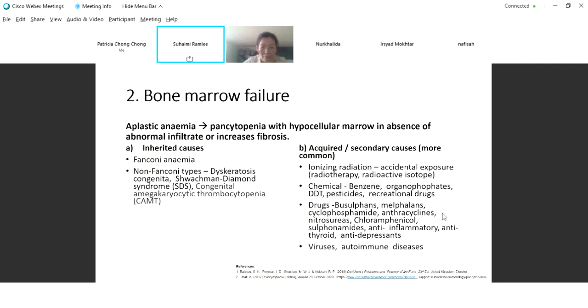Other causes of acquired aplastic anemia include viral infections, such as hepatitis, Epstein-Barr virus, and HIV.